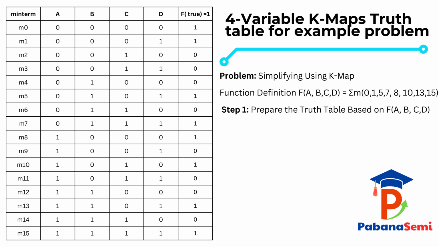This truth table serves as the very foundation for the Karnaugh map. If the truth table is incorrect, the K-map will be wrong. The grouping will be erroneous. And, finally, the simplified expression will be incorrect.